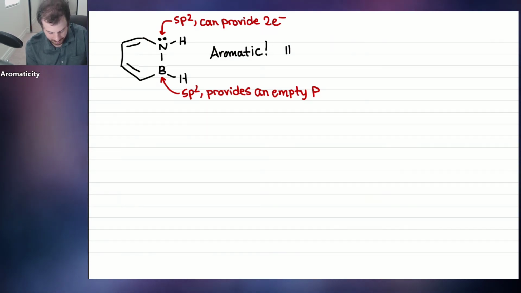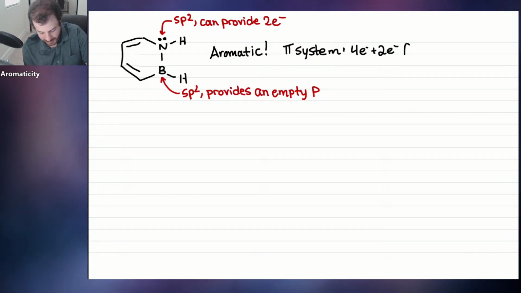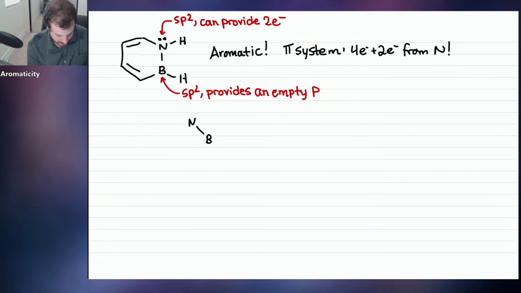Why? We've got the pi system comprised of the following. 4 electrons from the double bonds plus 2 electrons from nitrogen. So that's going to add up to 6 electrons, and it will be aromatic. If we draw the sort of orbital picture of this, it would look like this, NB.